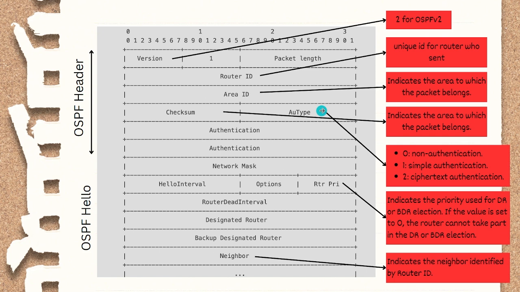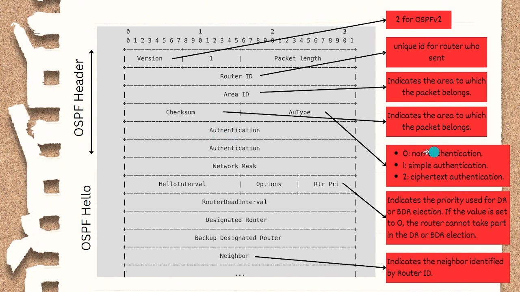Then we have something called AU type, which is authentication type. For the value 0 over here, it is no authentication, which means it doesn't require any authentication, as OSPF also supports authentication. So these are the fields. And let's say the AU type is 1, which means simple authentication. So these fields defined over here hold the password without encryption for value 1.